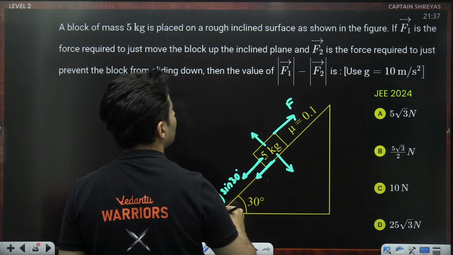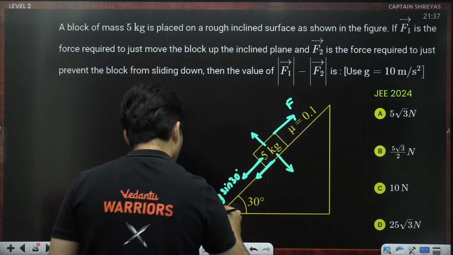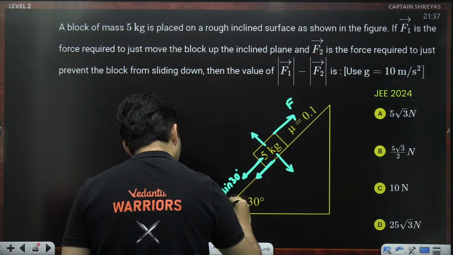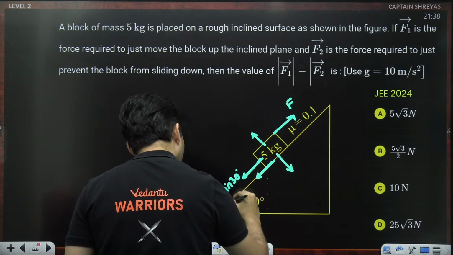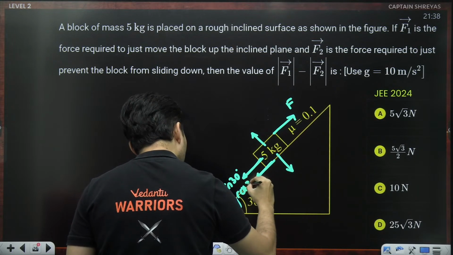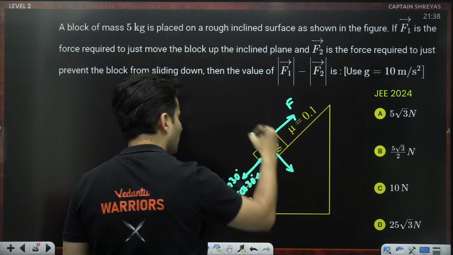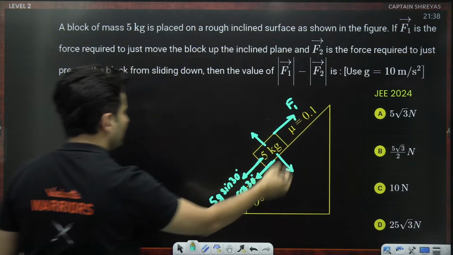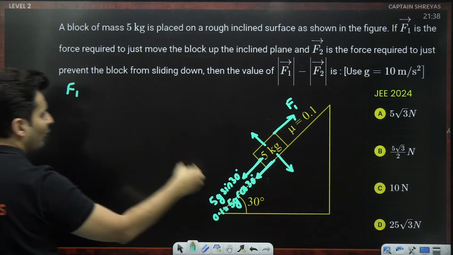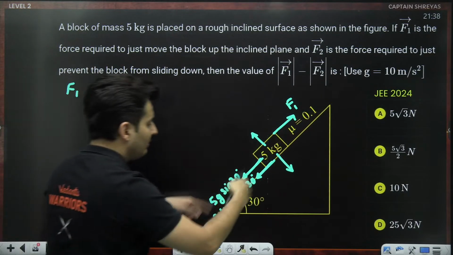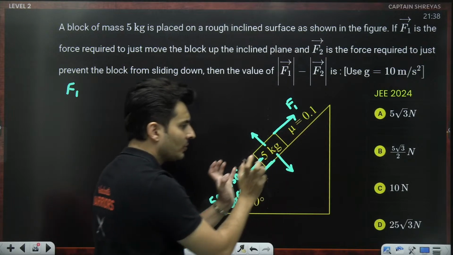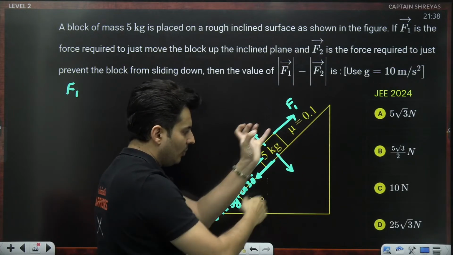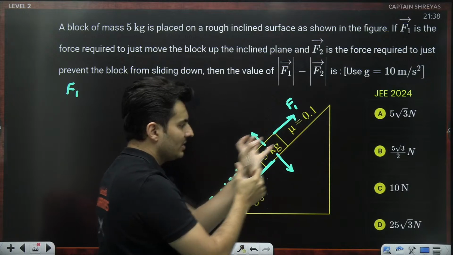So mu is how much? 0.1. So 0.1 multiplied by 5g cos 30 degrees. This is mg cos, this is normal. In this scenario, I can just say the upward force. Do you understand why friction is down? Because the block wants to go up, so friction will oppose the tendency to slide.